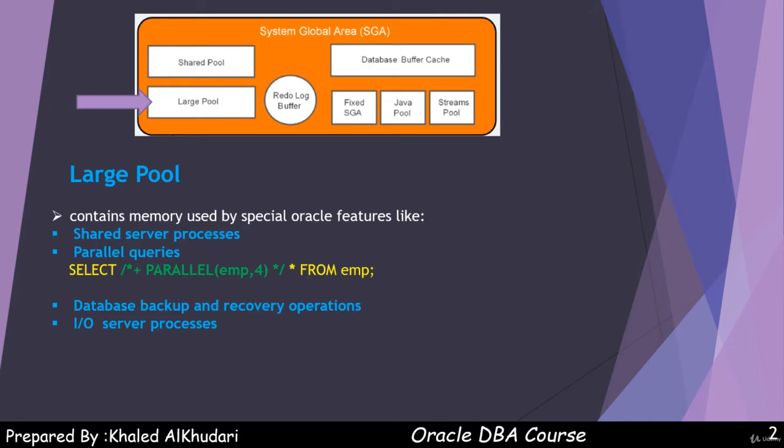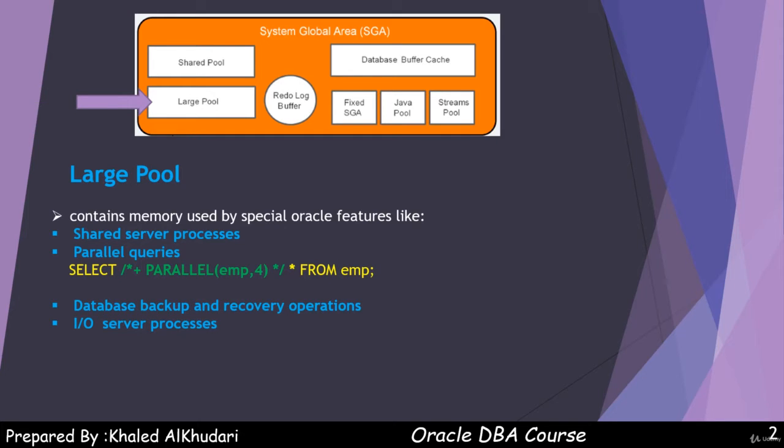Now we will talk about the large pool. Actually, the large pool contains memory used by special Oracle features. When I say Oracle special features, it could be, for example, shared server processes, which we talked about before, and also, for example, parallel query.